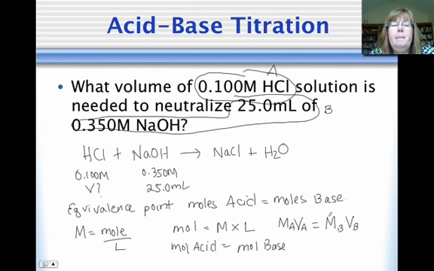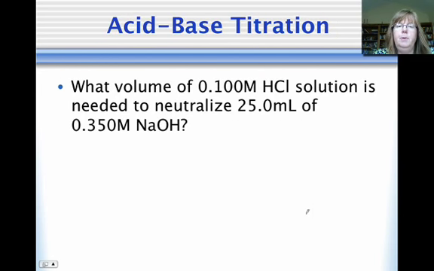Now, the one thing we need to add to this is that out front, you need to write with your acid the number of H's that you have. And in front of the base, we need to write the number of hydroxide ions you have. Let's go ahead and do this problem. Our molarity of our acid is 0.1 molar.